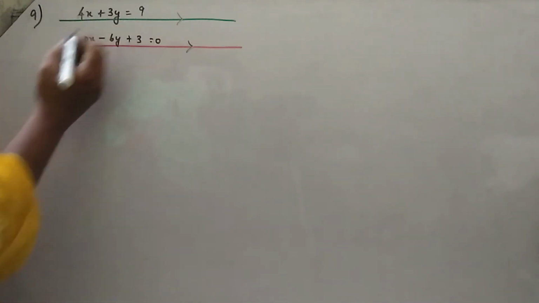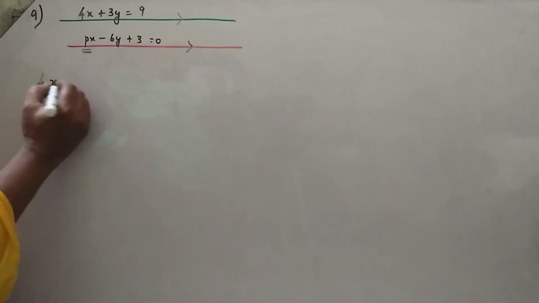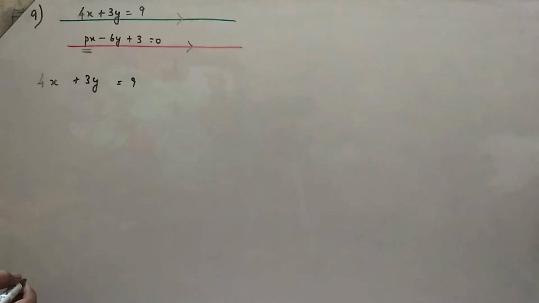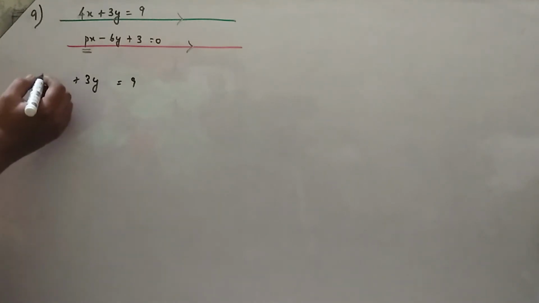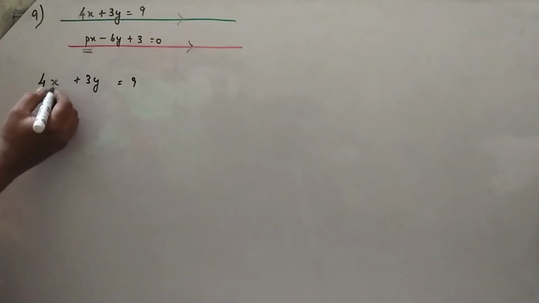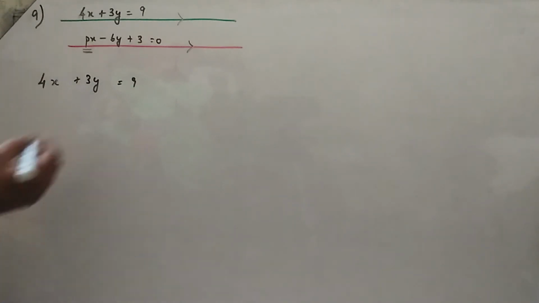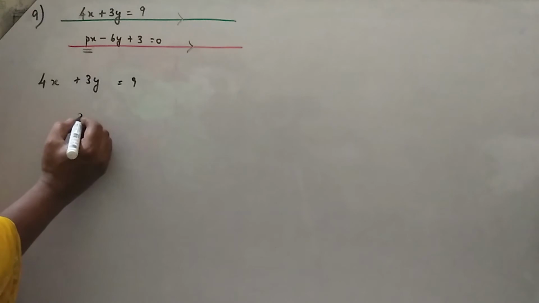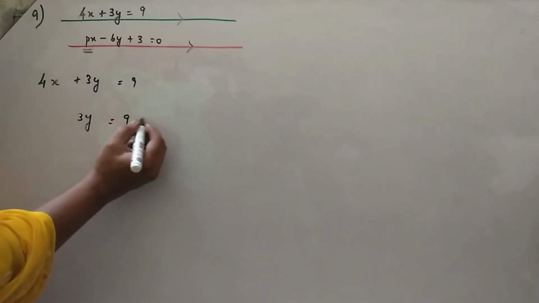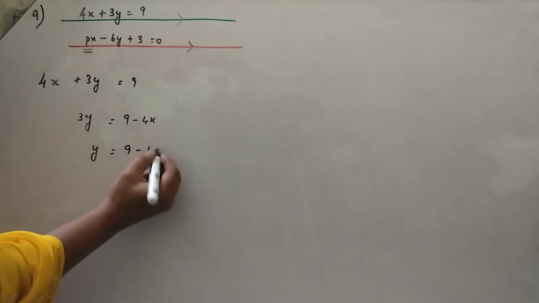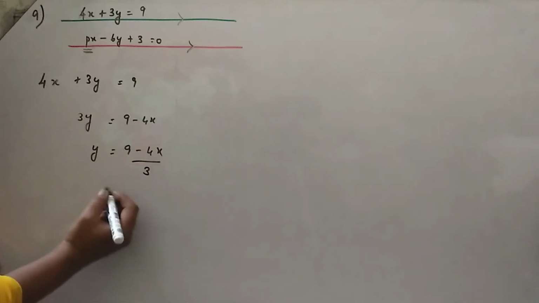First write the first equation, 4x plus 3y is equal to 9. Now 3y is equal to 9 minus 4x. y is equal to 9 minus 4x upon 3.